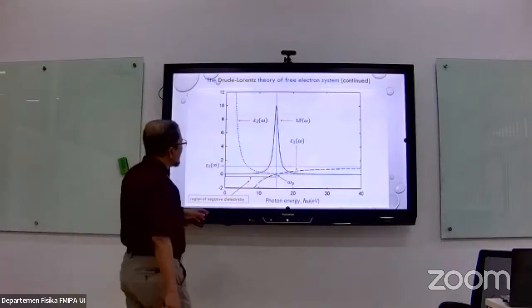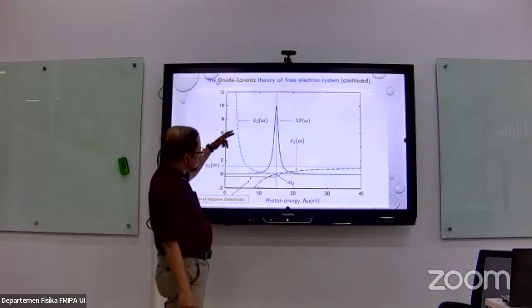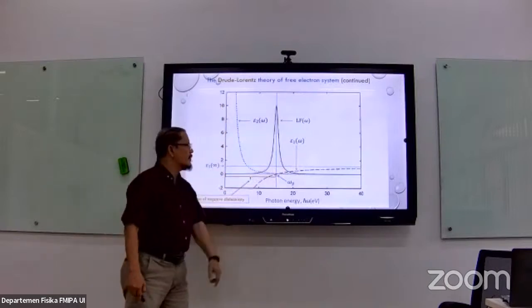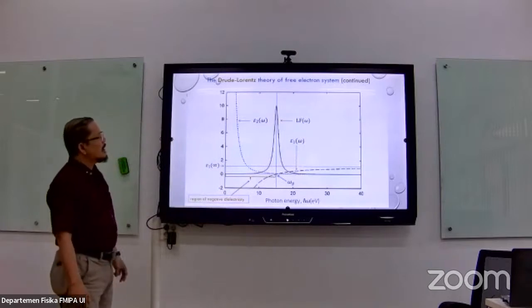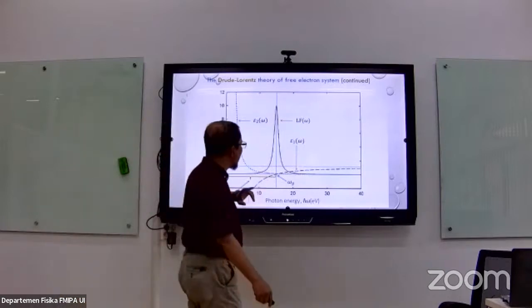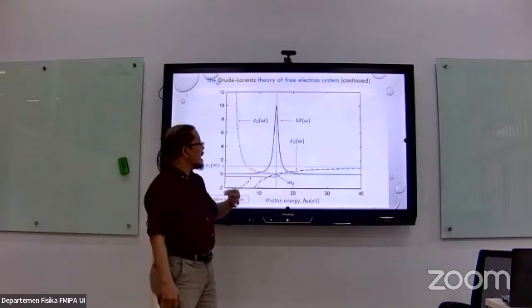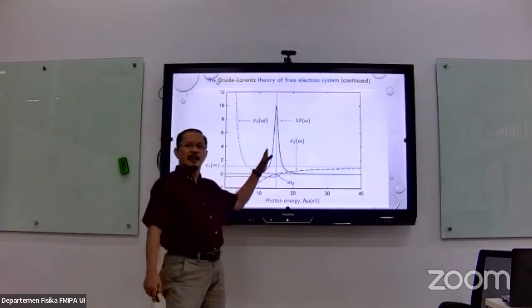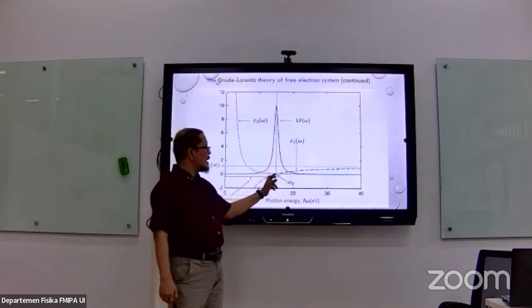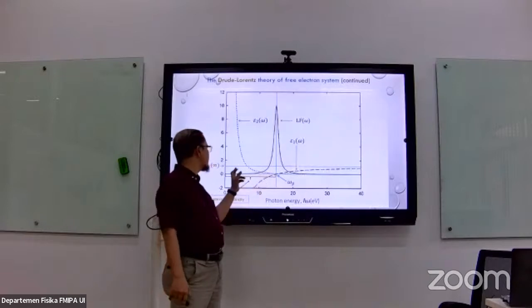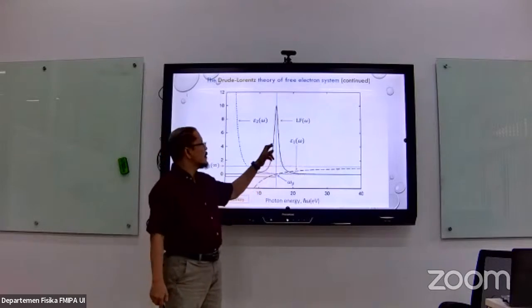And this is the epsilon 2 according to the formula. This is the curve. For the loss function, it turns out that it has a peak exactly coincident with the position where epsilon 1 crosses 0.